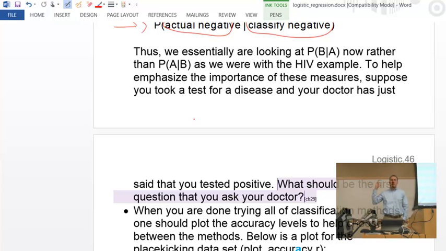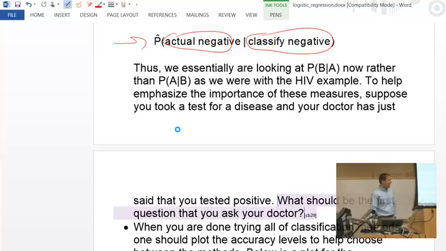The doctors had some lab work done on you and come into whatever room you're sitting in with the results of these lab tests. And the doctor says, I'm sorry, but you have tested positive. Now, what should be the very first thing that you say to your doctor or ask your doctor? It should be, doctor, what's the PPV on that test?